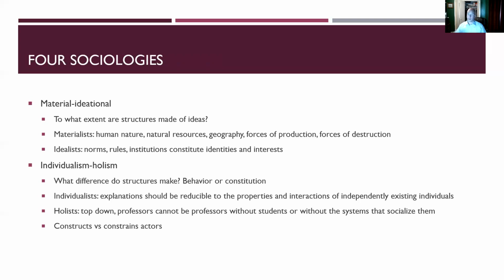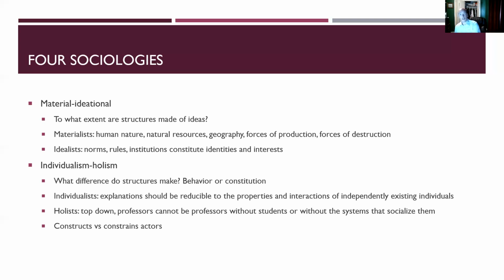So, you know, the materialists will say, look, human nature, natural resources, geography, forces of production, forces of destruction, those are the things that exist. They're the real things, right? And so anything that exists, anything that comes into being, is brought about by these things, right? And remember, if we go back before Walt, if we go to Morgenthau, what does he think makes up international politics?